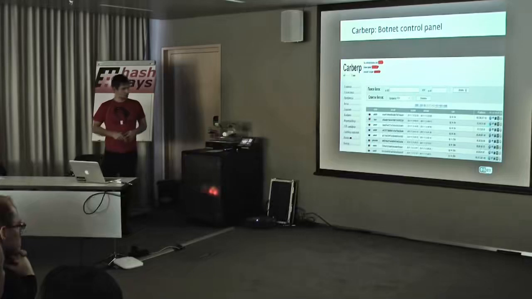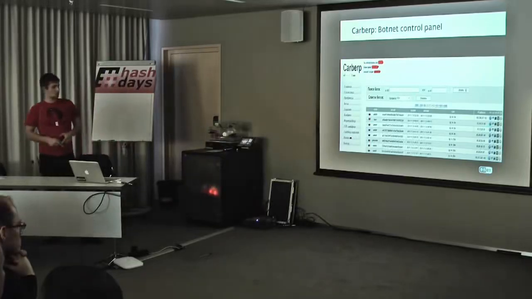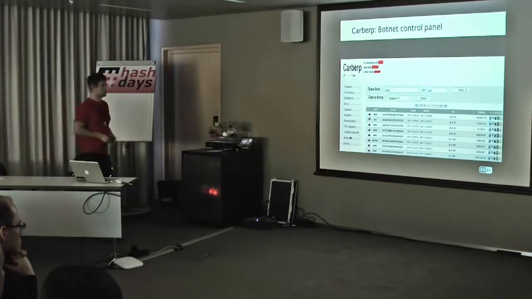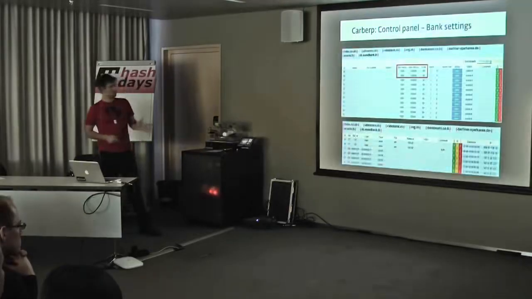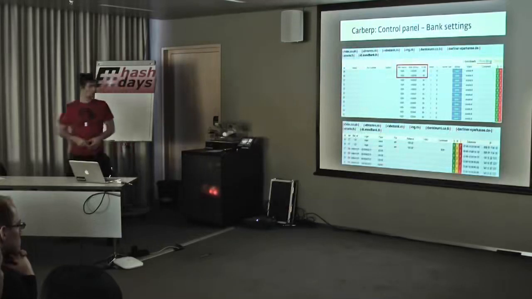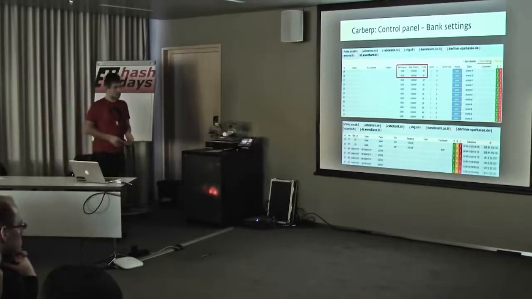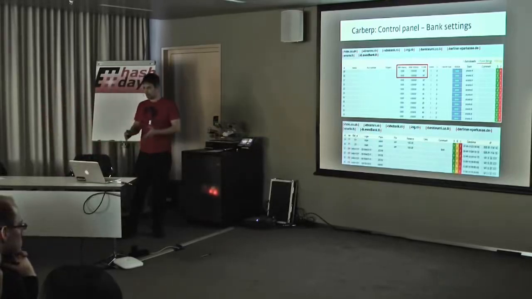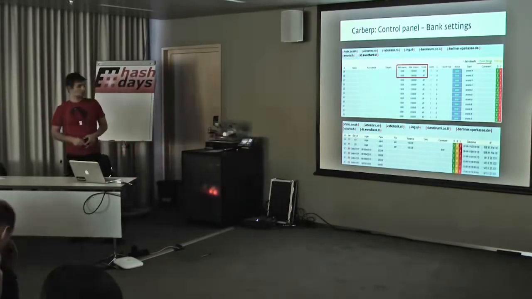And here there are the controls for controlling the individual bots. There's an option to execute commands and a remote shell, stuff like that. Here are the bank settings of the control panel. The interesting fact here is that some limits for the transactions can be set, so banks aren't suspicious if a large amount of money is withdrawn in a single transaction.